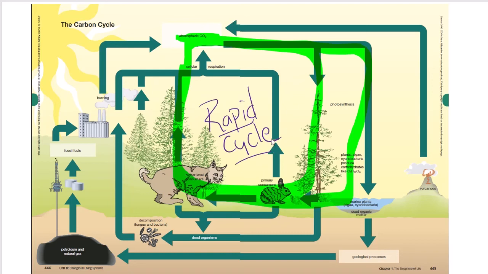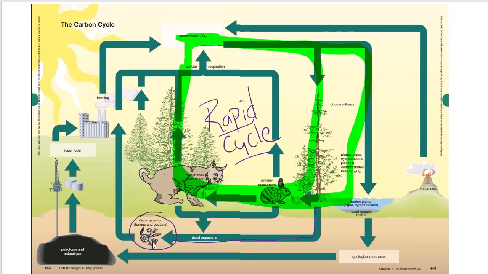But what happens if it doesn't get used up again right away? What if we produce these sugars and maybe this tree, instead of getting eaten, kind of falls over and gets buried? Well, if it's died and it's not eaten by something, decomposers can start to break it down.